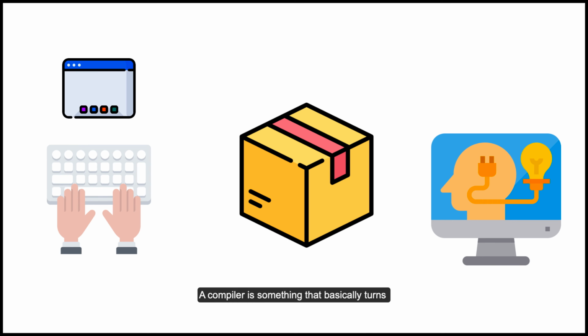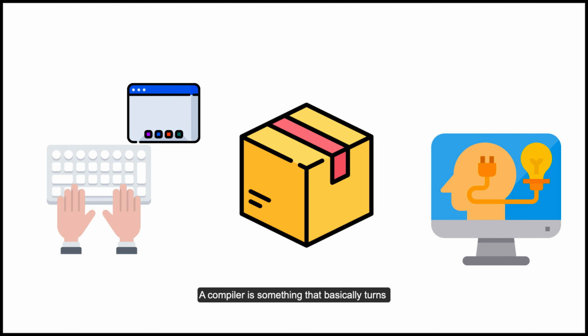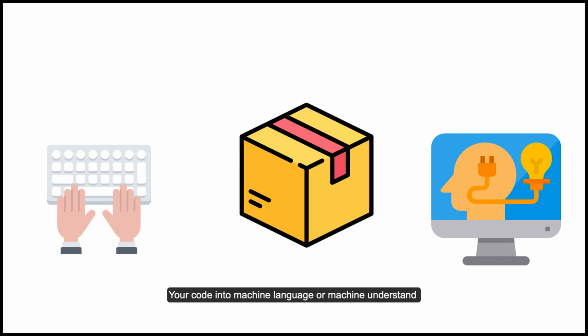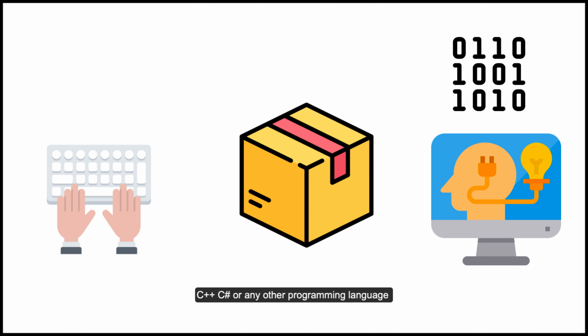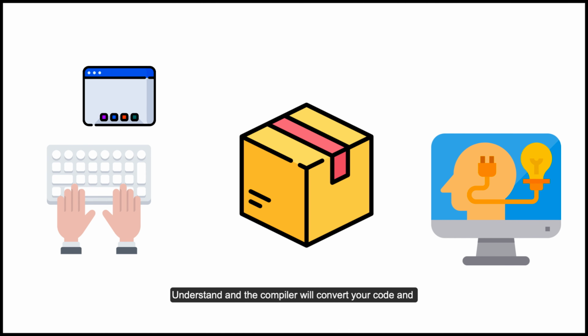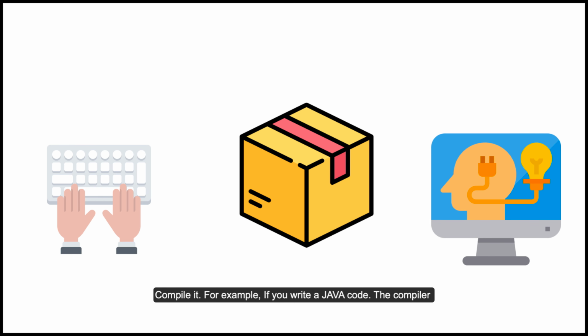A compiler is something that basically turns your code into machine language or machine understandable code. So it may be a Python code, Java code, C++, C# or any other programming language. It will be converted into things that computers understand, and the compiler will convert your code and compile it.